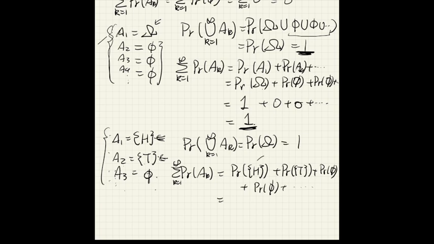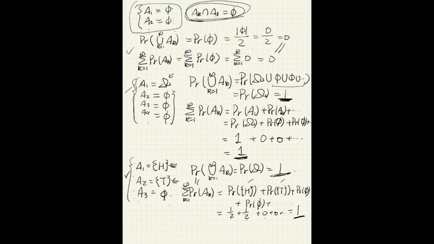So this is 1/2 and this is 1/2 and everything else is 0. The result is 1/2 plus 1/2 plus 0, which is 1. So the left hand side is 1, the right hand side is 1, so they are equal. Therefore, the third condition is satisfied in this case.